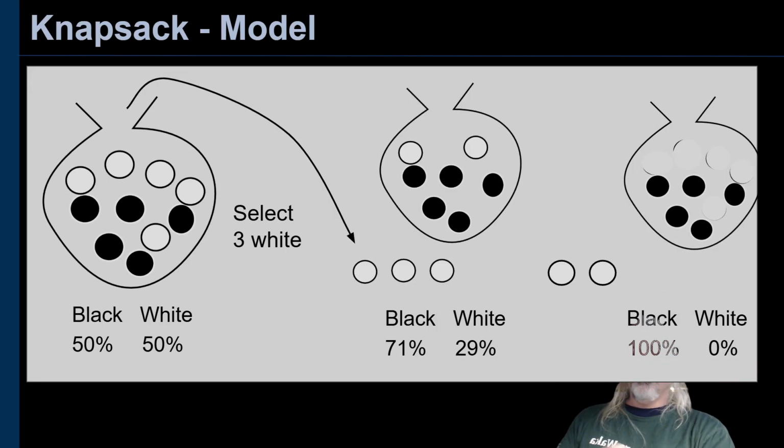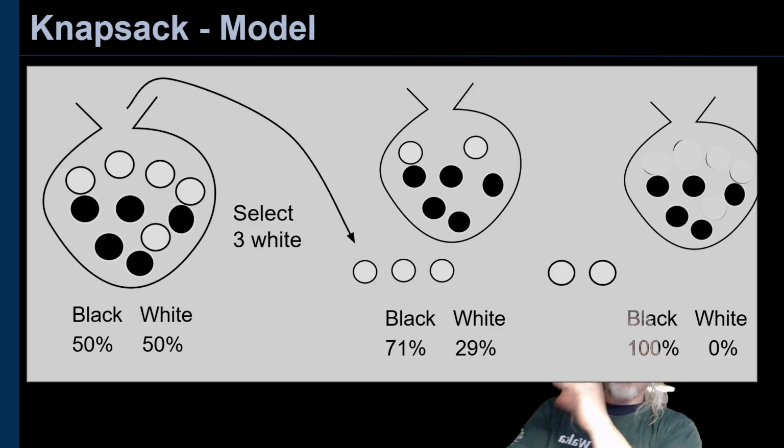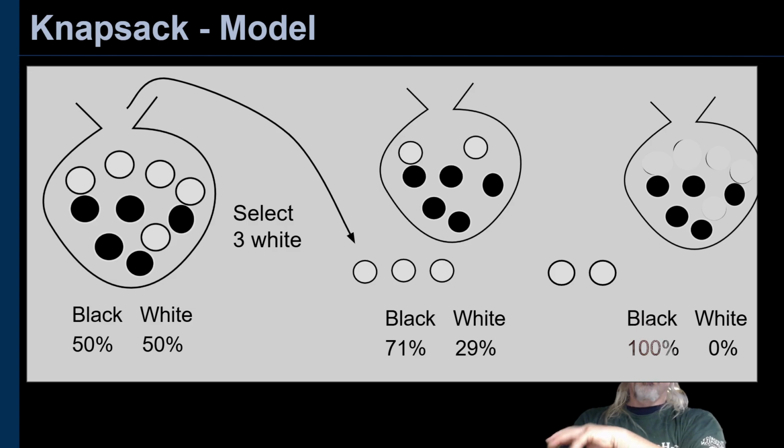If, however, as I remove the white balls, I keep them in my hand, after getting 3 white balls in a row, what does that mean for the number of white beads and black beads left in the bag? Right.